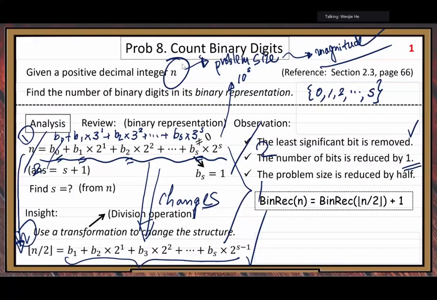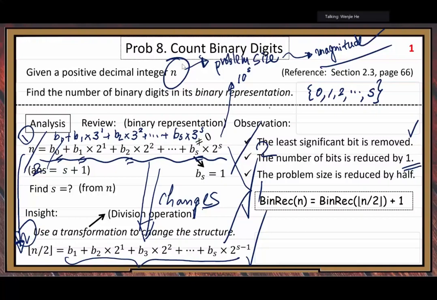When we apply recursive algorithms, the key step is the recurrence relation. After you derive it, you are almost done, because we know how to write a program to calculate this binary recursive function.